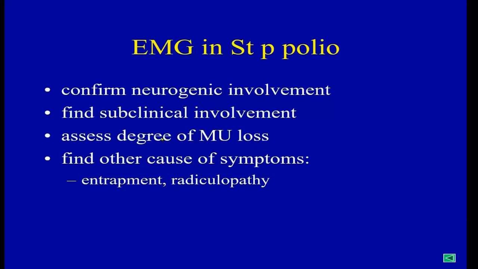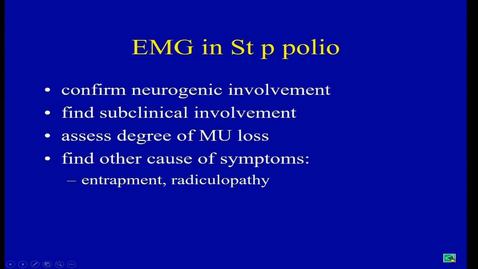And also, these patients do not have a guarantee not to develop other conditions like radiculopathy or peripheral nerve entrapments and so on. So that is the background to the EMG.